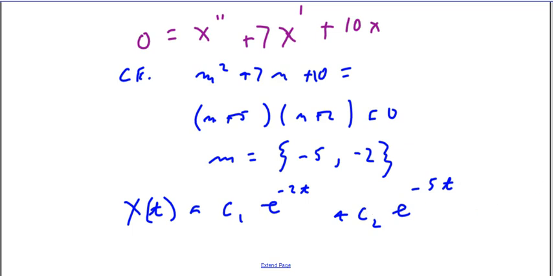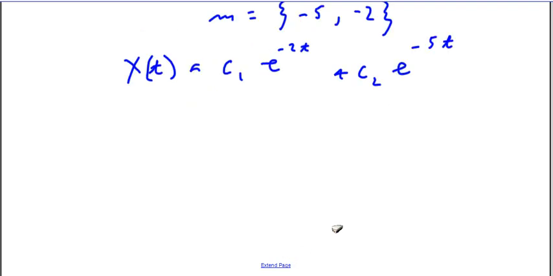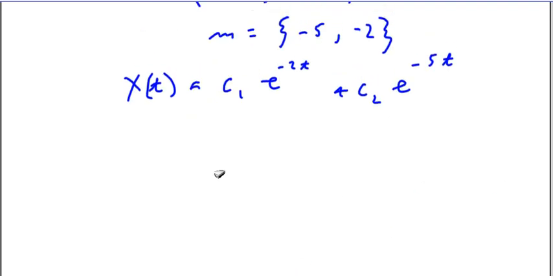Okay, I wanted to write it the other way, but that's fine. And then I look at an initial condition, and I say x of 0 is 2. So that implies that c1 plus c2 has to be 2.